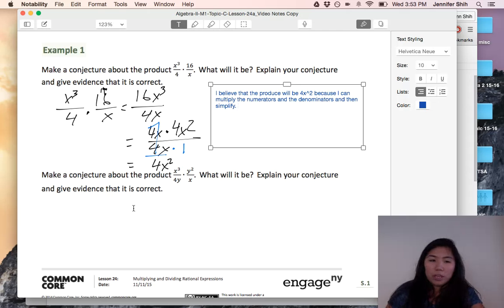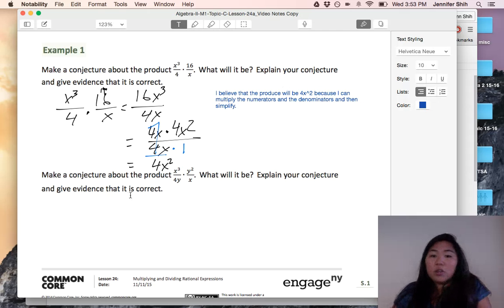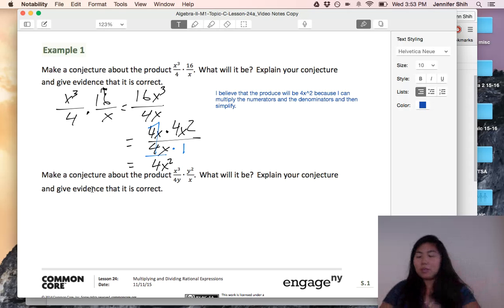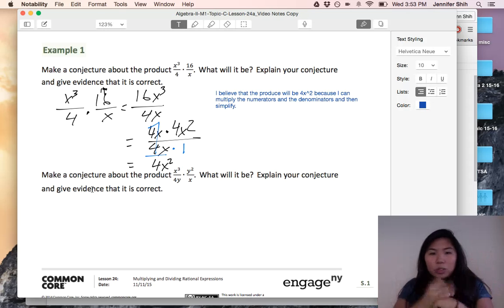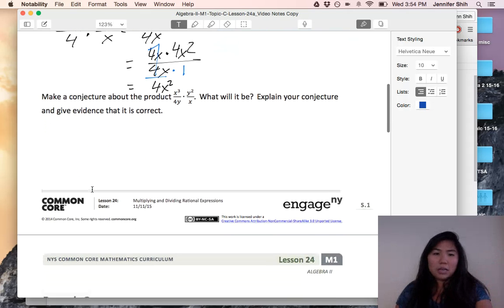So now we're going to make another conjecture about the product x cubed over 4y times y squared over x. I'm looking at this, I'm seeing there are multiple variables, and I have to make a conjecture, which is a big word, and then I have to explain and give evidence, but I'm just going to go forth with my plan and do the same thing that I have been doing, which is multiply the numerators and multiply the denominators.